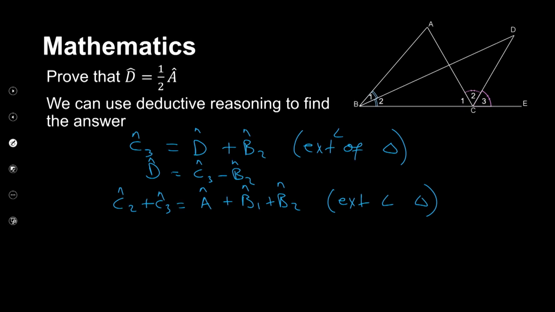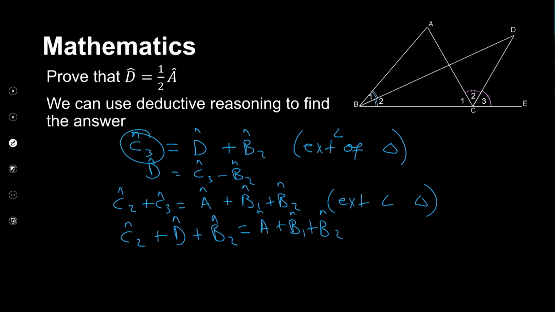Based on that, I can then now claim that wherever I see my C3, I substitute it with D plus B2, right? So this will be C2 plus, here it will be D plus B2, which is equal to A plus B1 plus B2. I just substituted there.